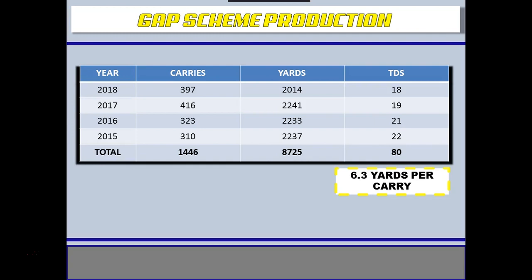You can see the TDs: 18, 19, 21, 22. And if you look, we've averaged over 2,000 yards rushing, and for the past 4 years we've put up nearly 9,000 yards on the ground. So we're not sacrificing an identity because of a formation, or what some people would say is an offense that's not very physical.